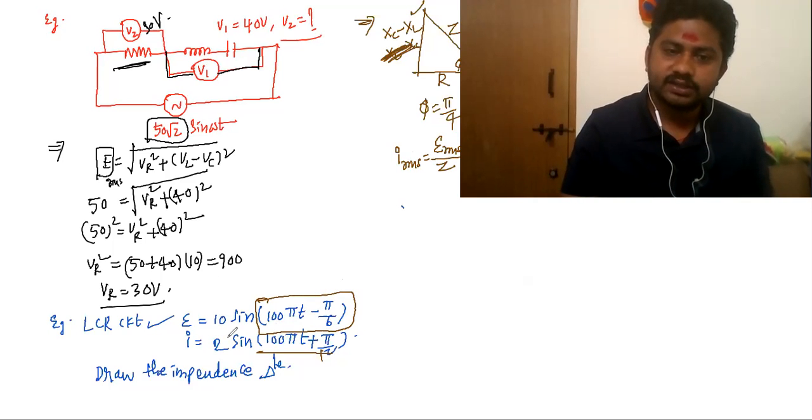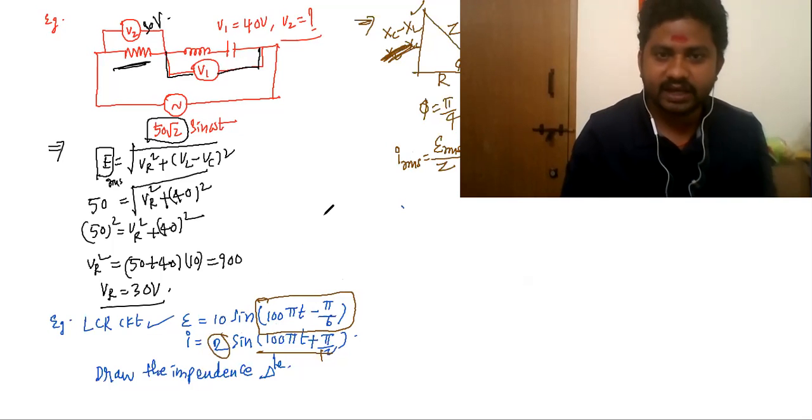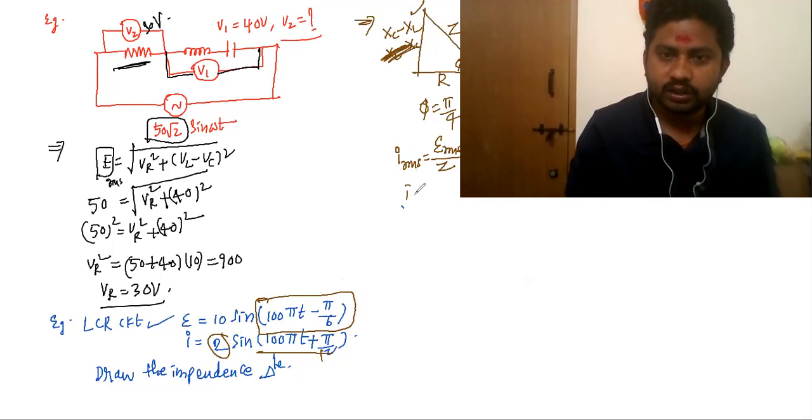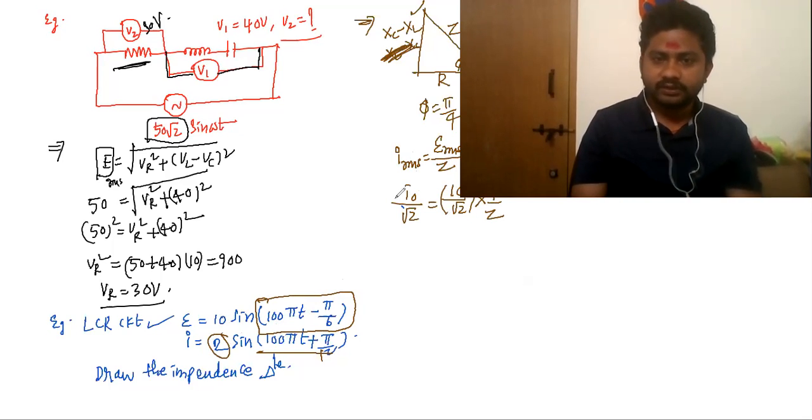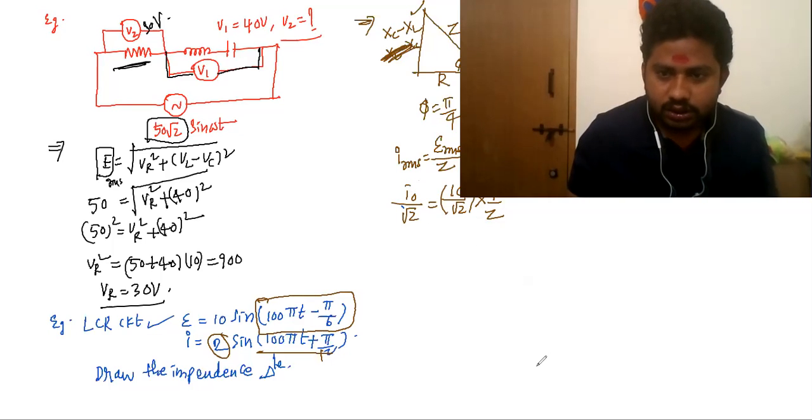I naught is 2, and IRMS is I naught by root 2. So I naught by root 2 is equal to ERMS, E naught by root 2, which is 10 by root 2, divided by Z.